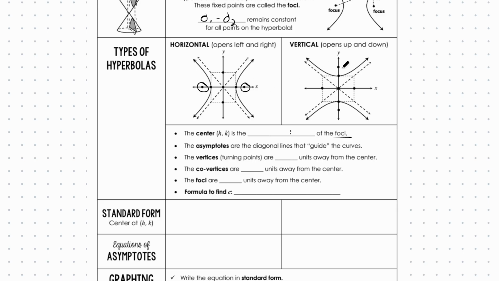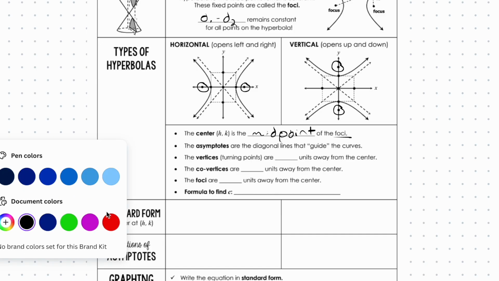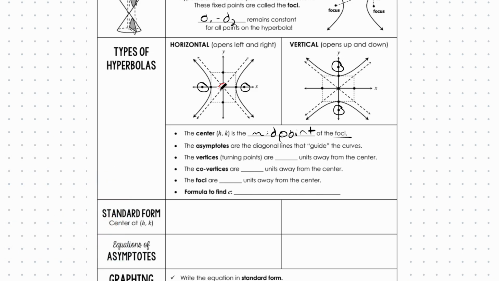These two are the foci, and this one is going to be these two. The center is just going to be the midpoint of those two foci. So in this case, the center is this value right there, and that's the center.